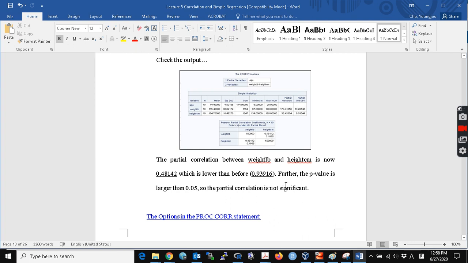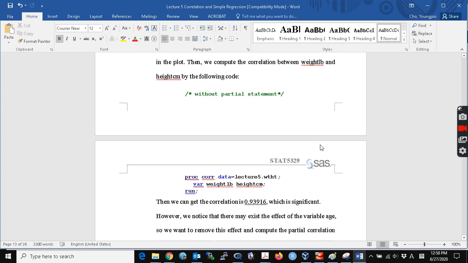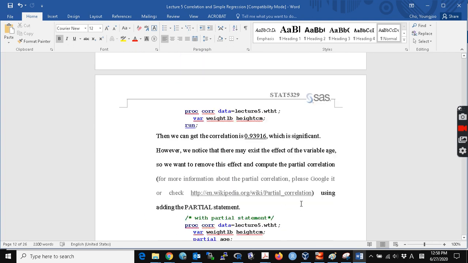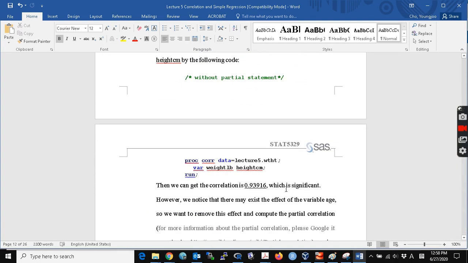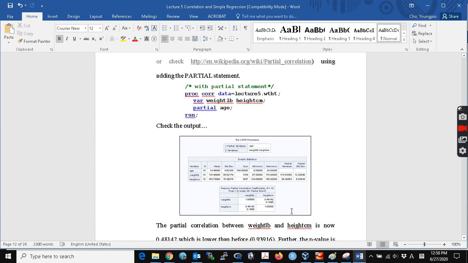This means there is no significant correlation between height and weight when controlling for the effect of age. So this high correlation in this example is the effect of age.